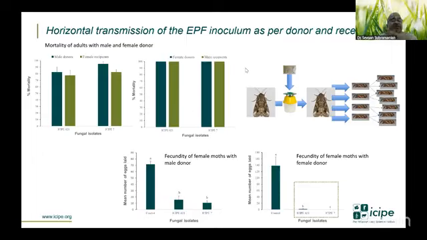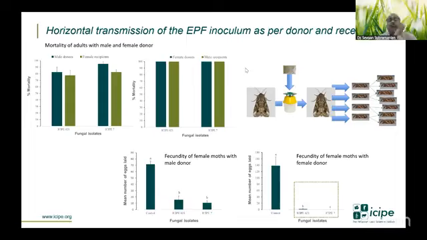So clearly, both with the male and the female as a donor, the recipient sex tends to have a good level of mortality. And the additional advantage is that when a female is inoculated with the fungus, either from another female or from another male, her ability to lay eggs decreases quite drastically. So this reduces the fecundity.